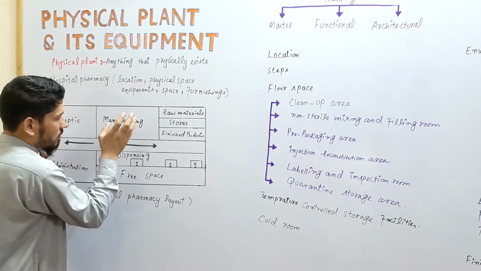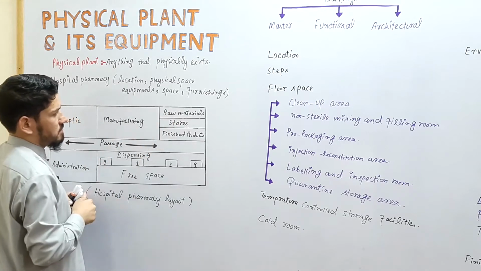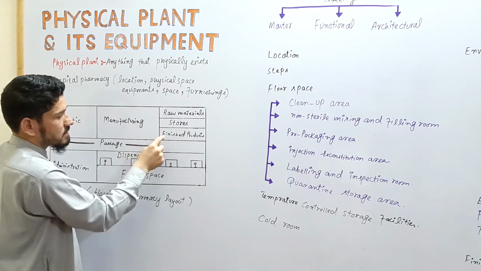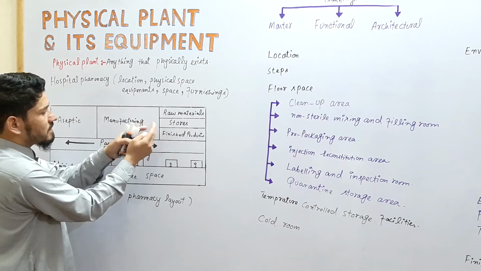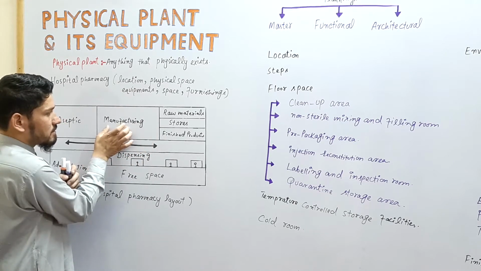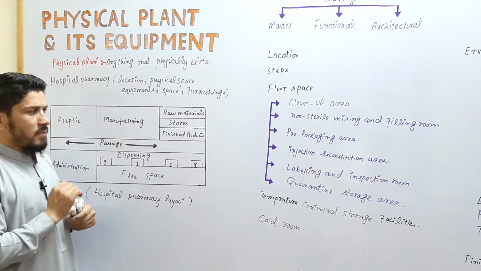Okay. Over here on the back side, the first section over here is the store. In the store, we have the raw materials and the finished products. We also call it as ready products. And then adjacent to it, we have the manufacturing section. So this is adjacent to it, and here we manufacture those preparations.